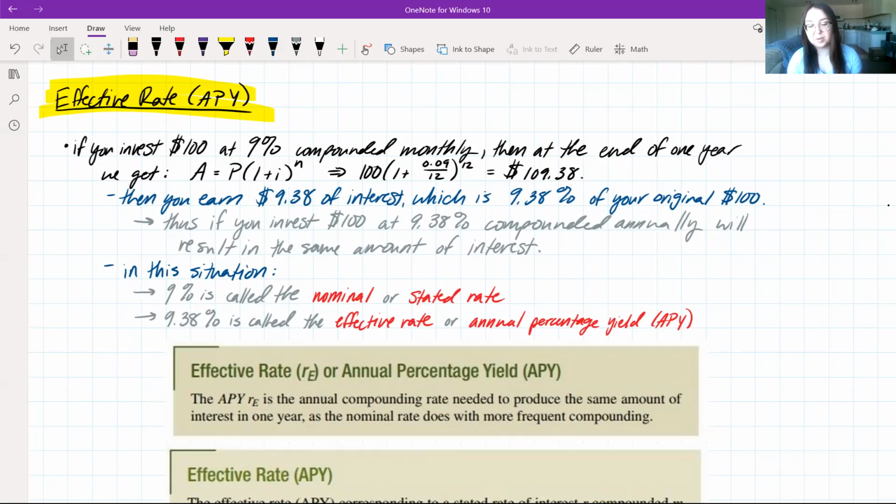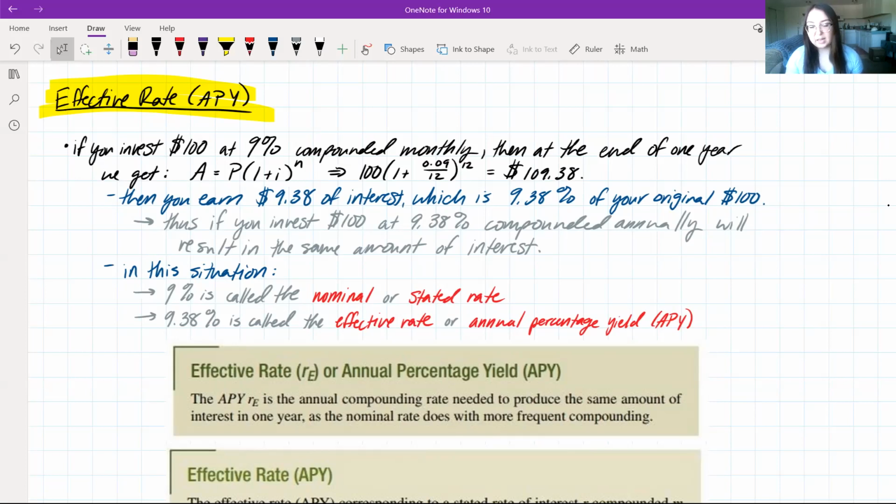This means that if you invest $100 at 9.38% compounded annually, thinking about simple interest, it will result in the same amount of interest that we had if we compounded monthly. So in this situation, a 9% interest rate is called the nominal or the stated rate, and 9.38% is called the effective rate, or the annual percentage yield.